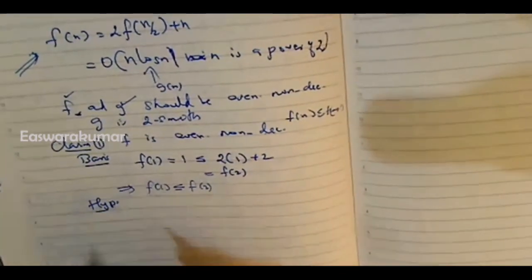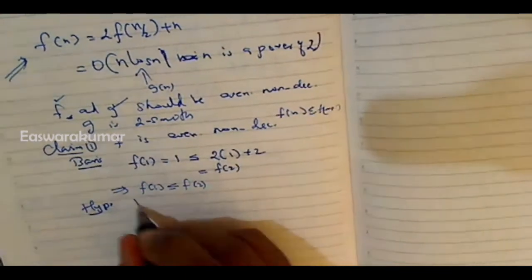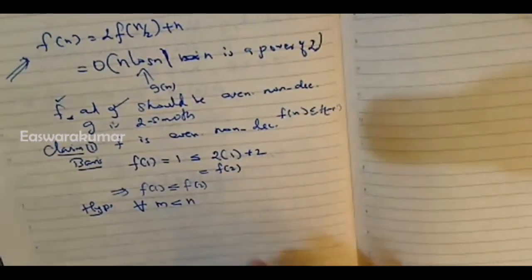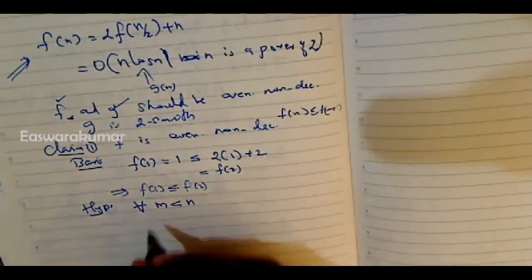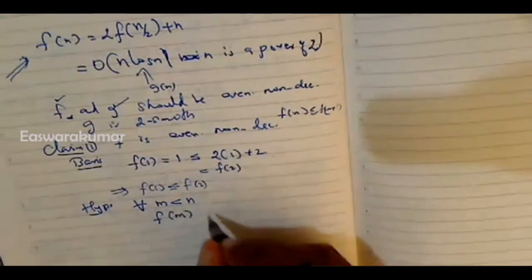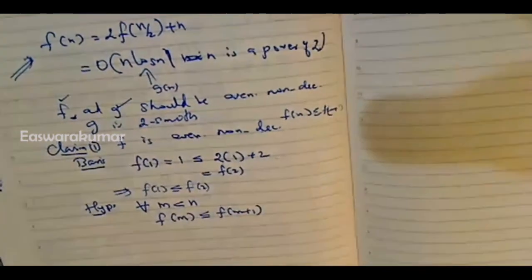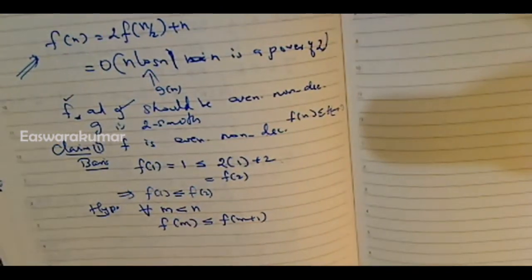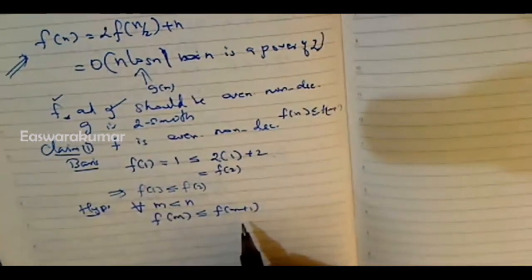Now the hypothesis. We are taking the strong principle of mathematical induction, or the second principle. So for any value of m strictly less than n, we assume that f of m is less than or equal to f of m plus 1. This is only the assumption of the hypothesis.